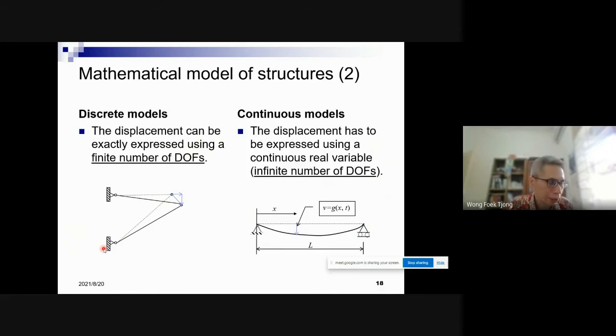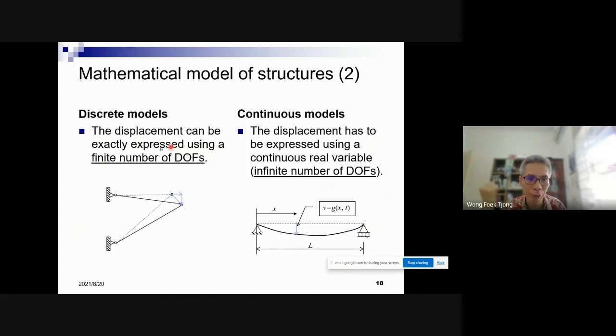In general, for the mathematical model of a structure we have two types of models: discrete models and continuous models. What's the difference? For discrete models, the displacement or the configuration can be exactly expressed using a finite number of degrees of freedom.